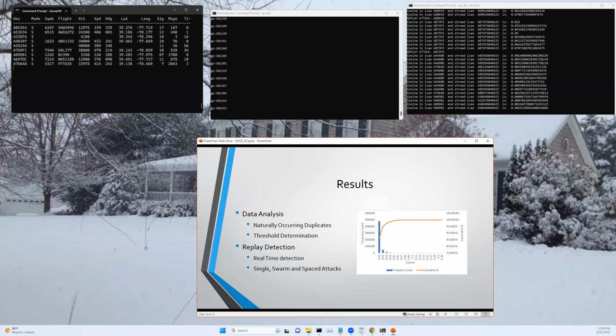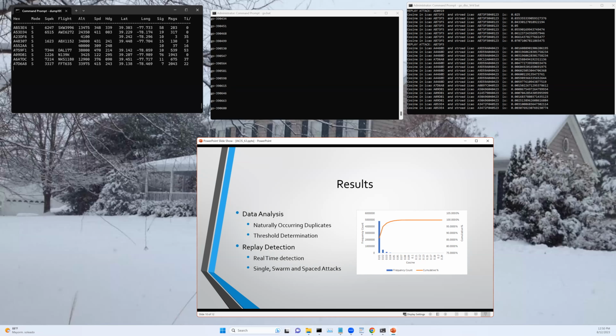So to find the threshold resulting from legitimate duplicates, the 13,481 aircraft message sets stored in the database were compared with each other. In other words, we calculated the cosine similarity between each of those.